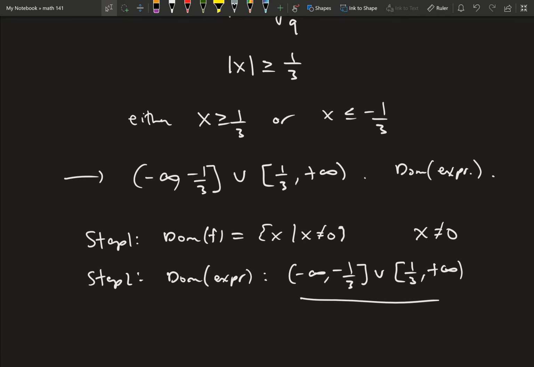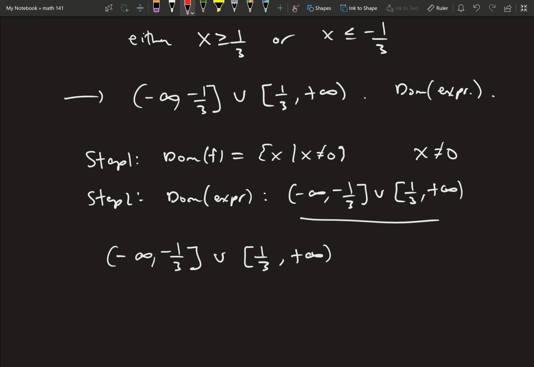Well, how do we combine that? It turns out that 0 is not part of this set at all, because 0 is between negative 1/3 and 1/3. So 0 is not even part of it.